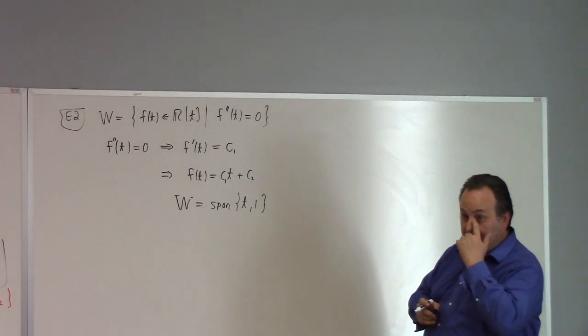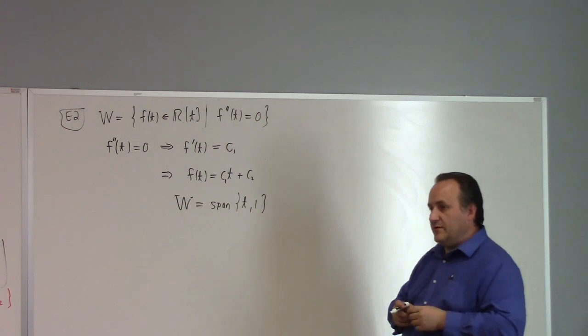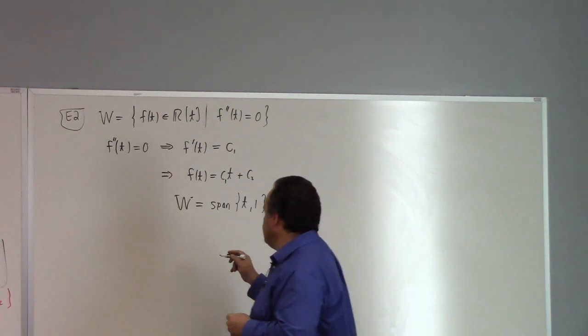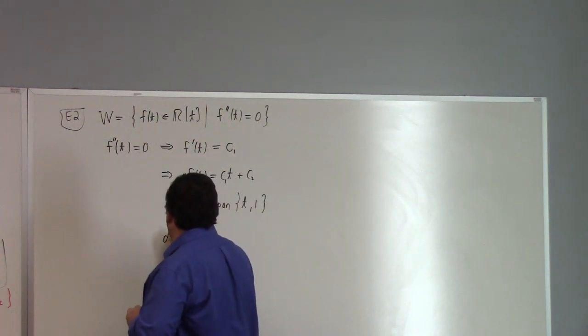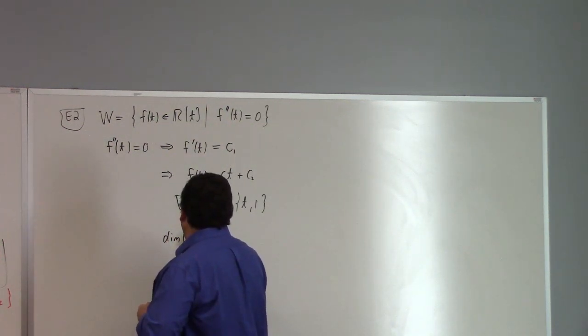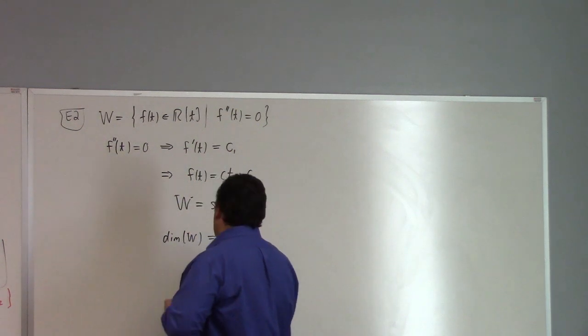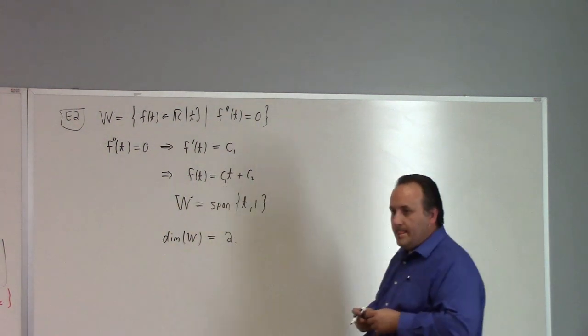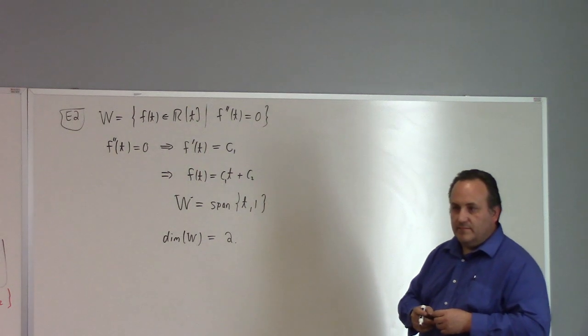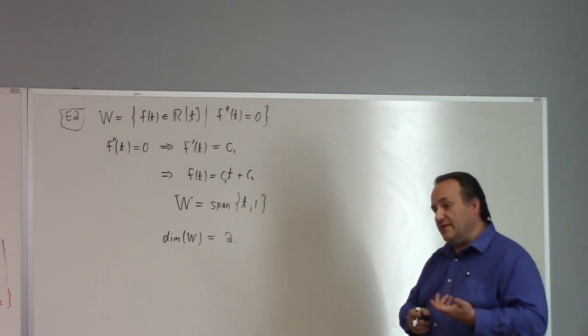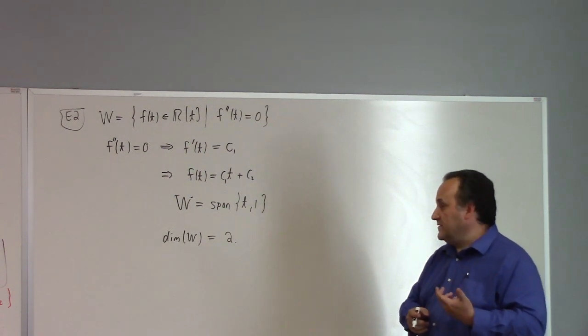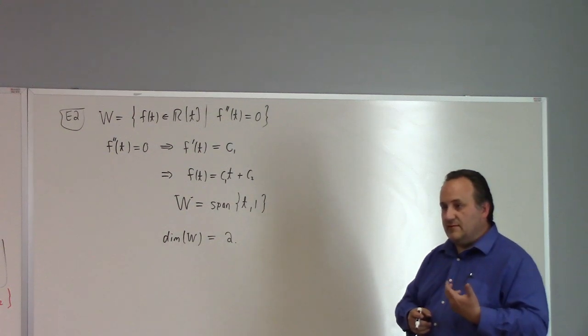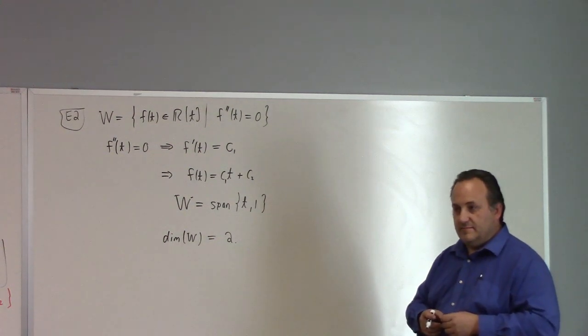Are those linearly independent? You can prove that t and 1 are linearly independent. How would you prove that? So the dimension of W is what? Apparently 2, right? We could go back to that theorem we proved last time. How can I prove that t and 1 are linearly independent?